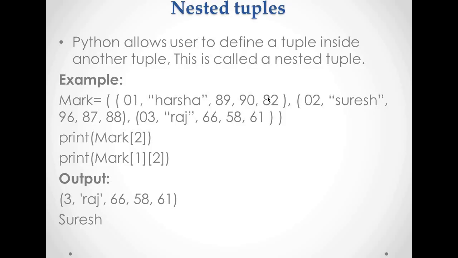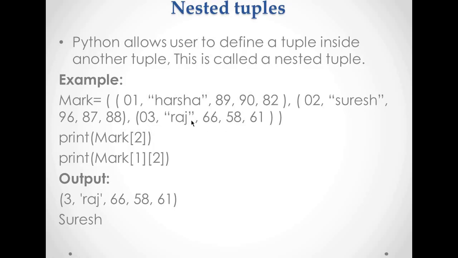The entire inner tuple has one index. Within the inner tuple, each element has its own index value. It starts from 0 and goes on increasing, and the second inner tuple starts with 0 and goes on increasing, and the third inner tuple starts with 0 and goes on increasing.